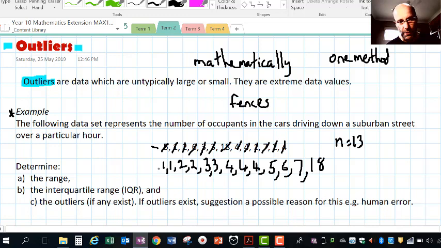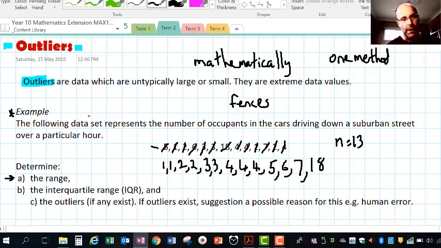And just double check, have we still got 13? 1, 2, 3, 4, 5, 6, 7, 8, 9, 10, 11, 12, 13. Yes, we have 13. So let's follow the instructions before we get too carried away here, because I know what's going to happen, but I still got to follow the instructions.